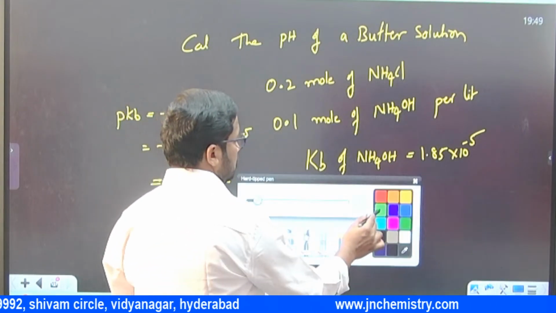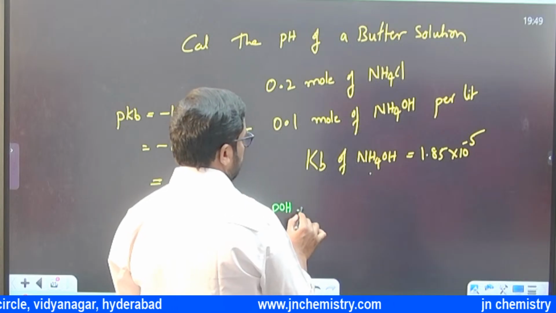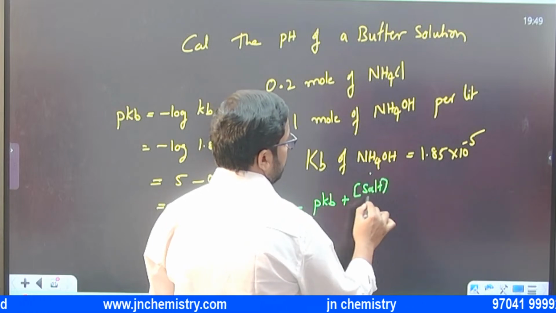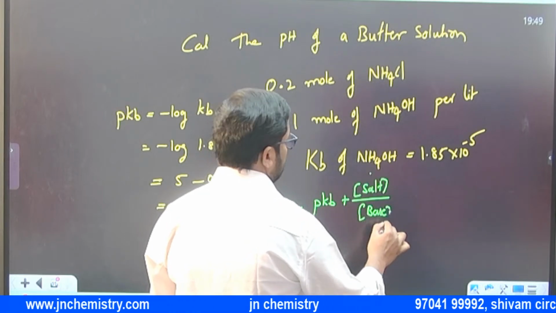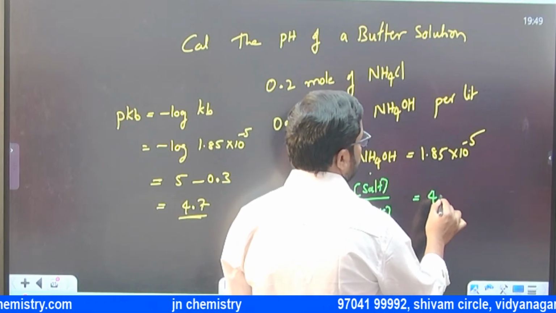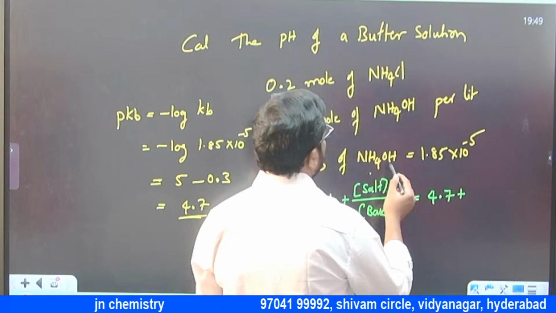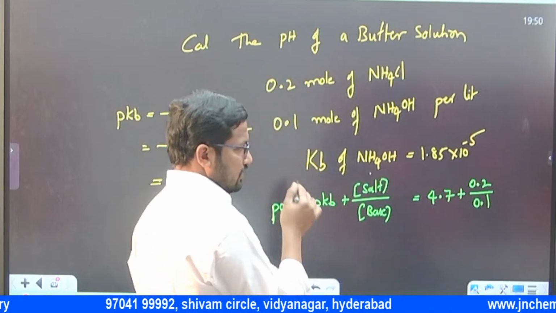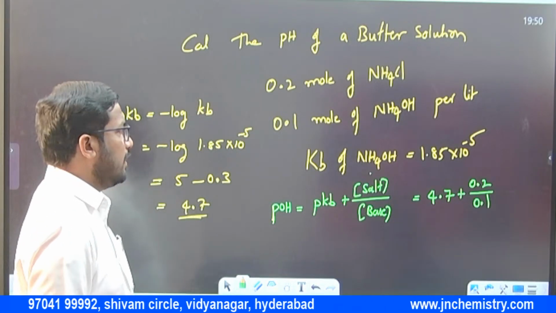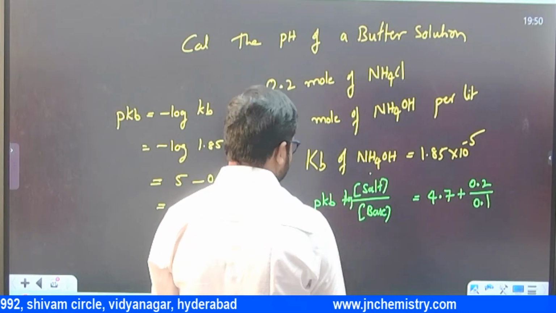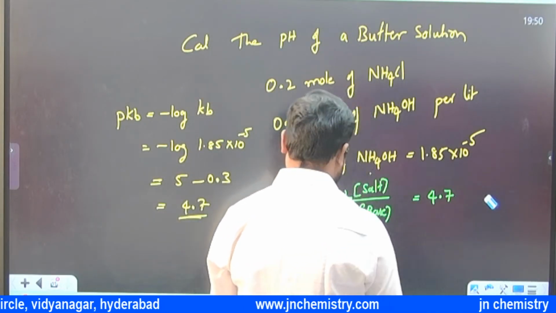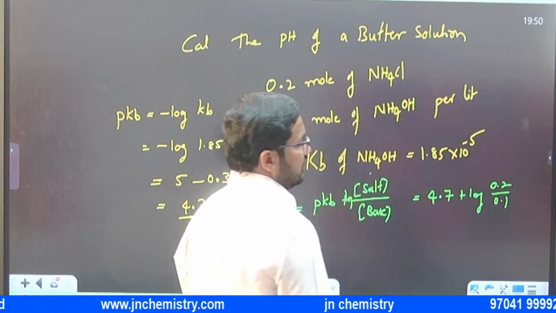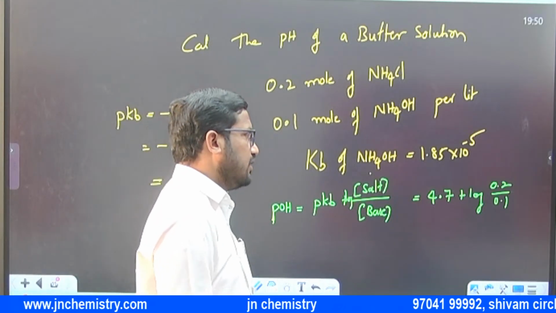pOH equals pKb plus log of salt concentration by base concentration. pKb is how much? 4.7 plus log of salt concentration 0.2 by 0.1. Log 2 again is 0.3.